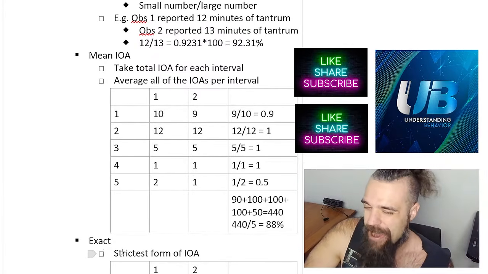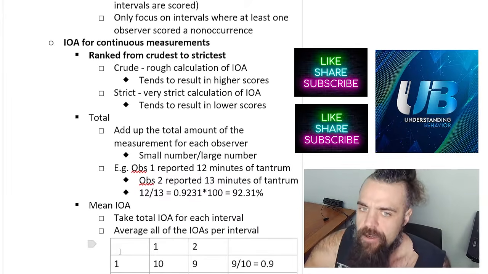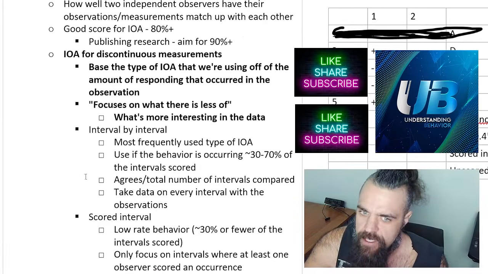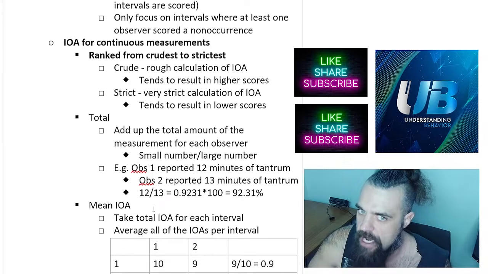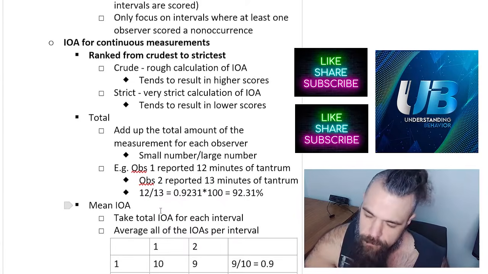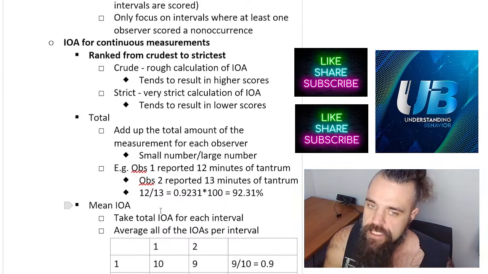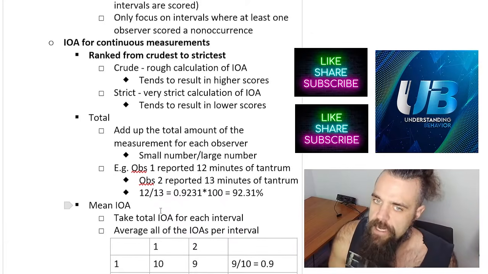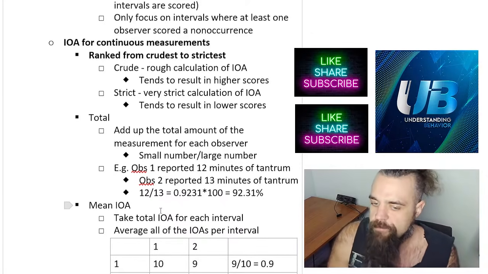So watch out. Like I said, for discontinuous measurements, it's really nice because there are clear rules about when to use each form of IOA. In continuous measurements, there are not as clear rules of when to use each IOA procedure. Essentially, if it's really important that your data line up, you're going to want to use a more strict procedure.